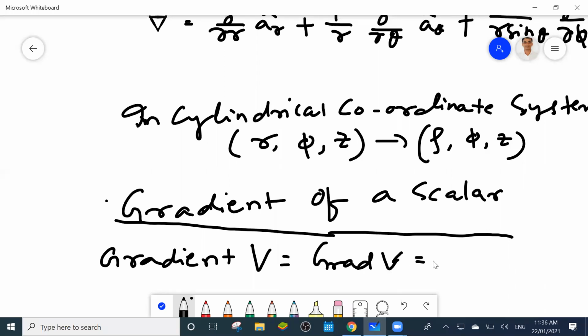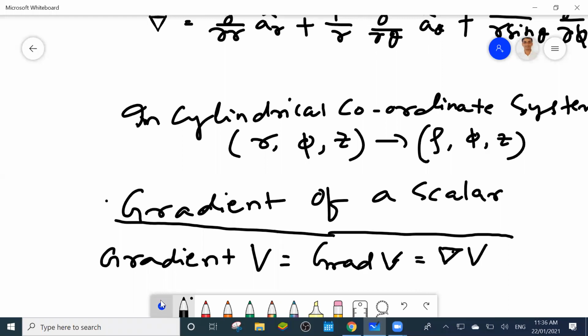So the mathematical notation is always del V. Since the del operator contains a_x cap, a_y cap, a_z cap, or a_r cap, a_phi cap, a_z cap, or a_r cap, a_theta cap, a_phi cap, these are vectors.